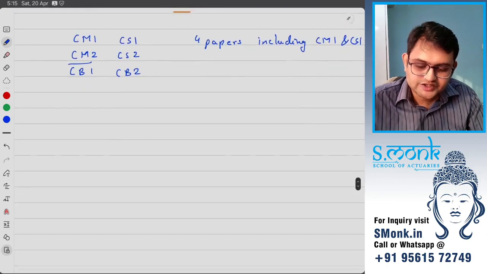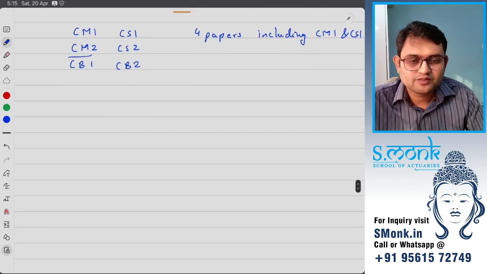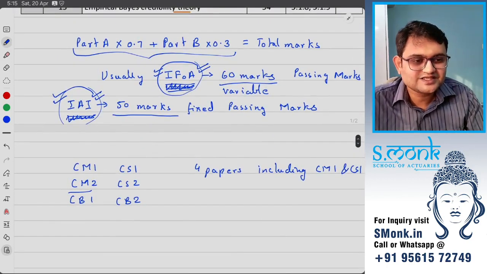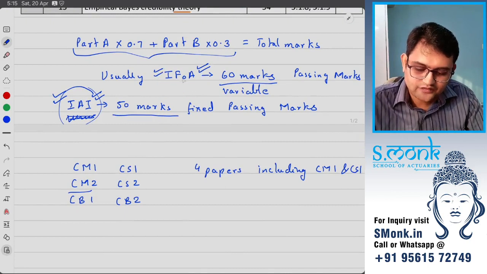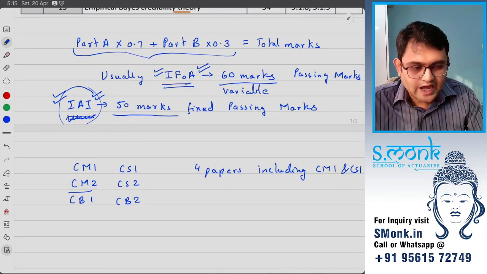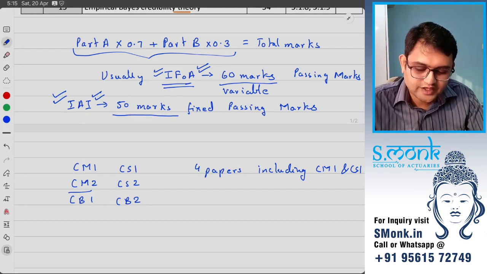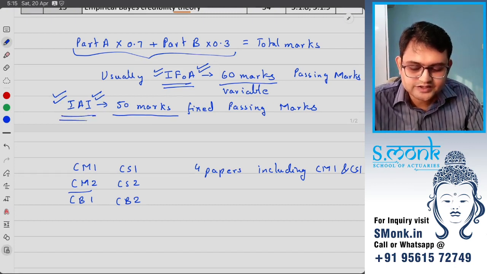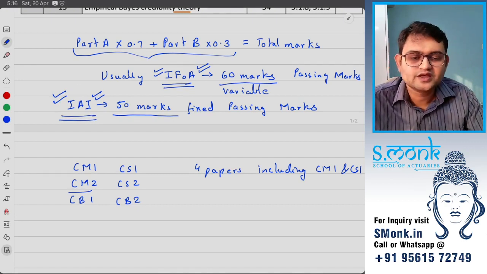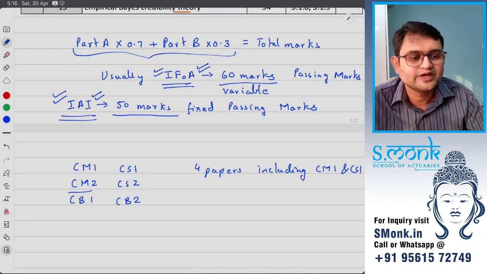Okay, so institute will not matter much, but it's easier to clear papers from IFOA. Okay, IAI has been making better strides to make their paper pattern and so on consistent. I think within a year or so they would make big changes.